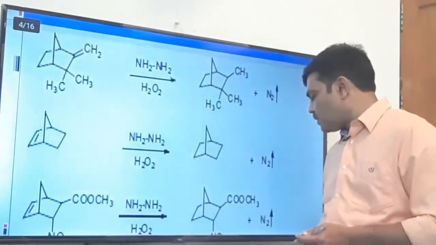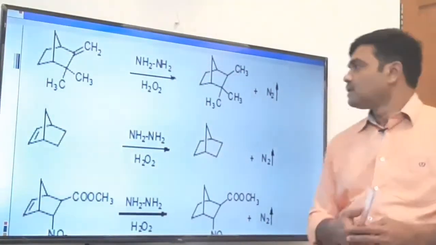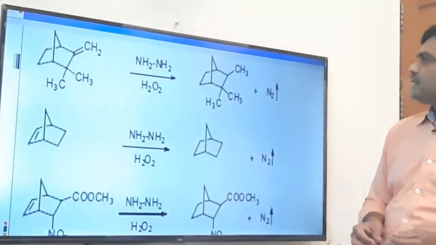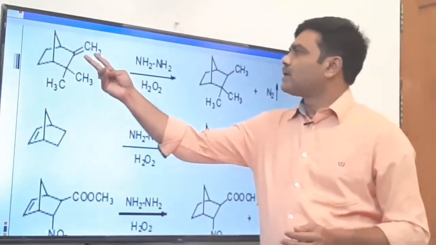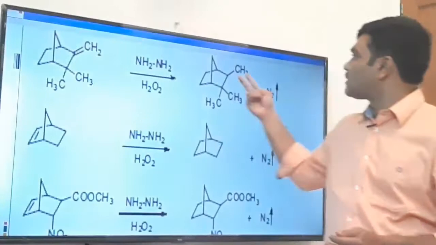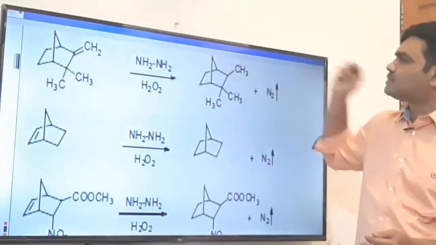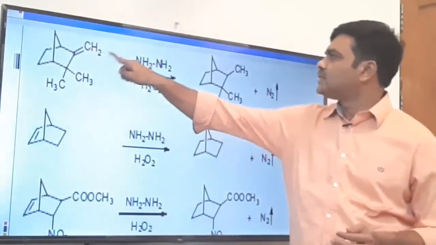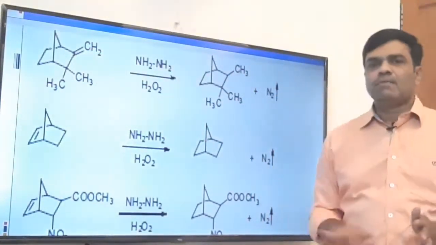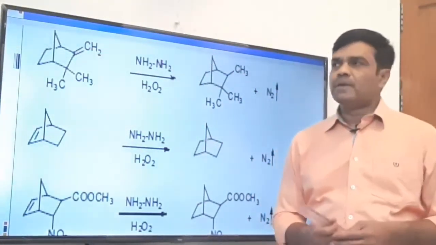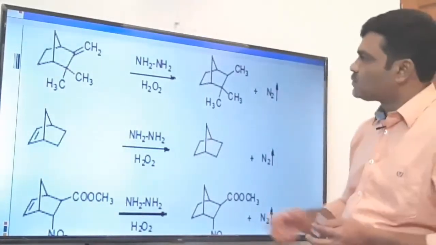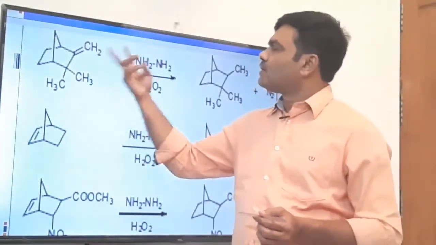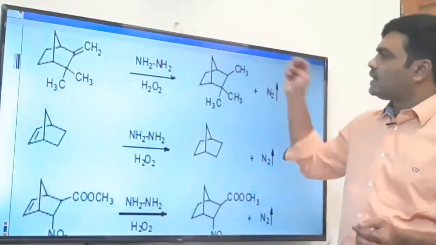Let us have a look at some applications of this reagent. This is a carbon-carbon double bond. Addition of two hydrogens across this carbon-carbon double bond takes place, and we get this: one H goes here, one H goes here, CH2 is converted to CH3. Whatever the compound, whatever its complexity, just focus on the functional group, the carbon-carbon double bond, and here addition takes place.